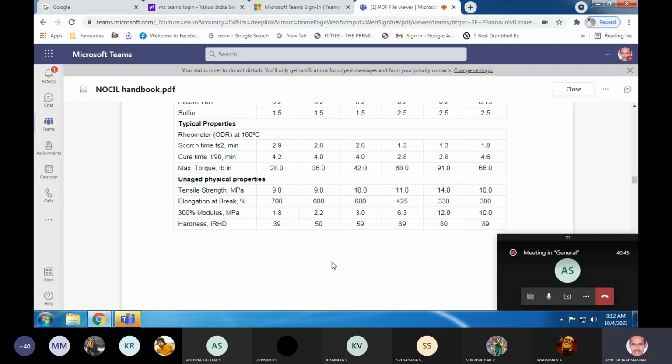So what is the torque? It ranges from 28 torque units up to 91. Please note this maximum torque is tested at a temperature of 160 degrees.